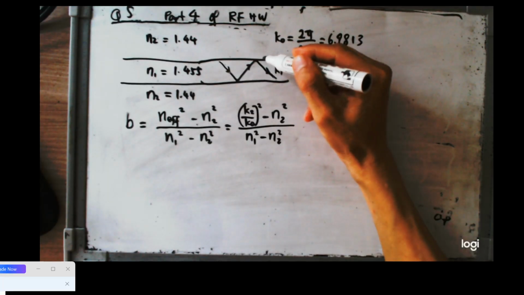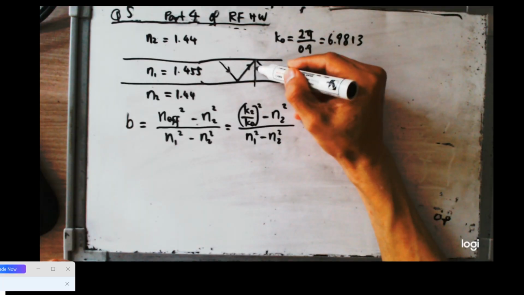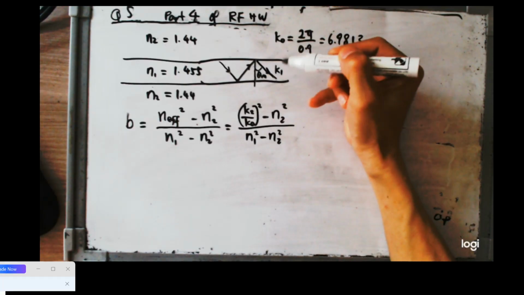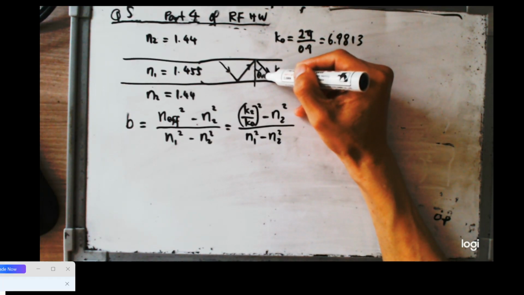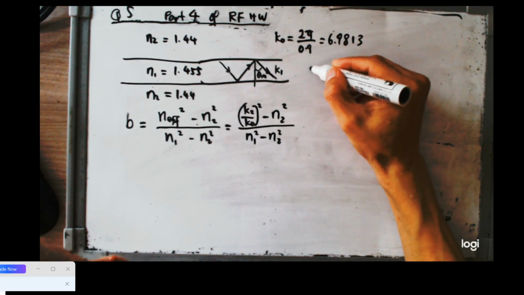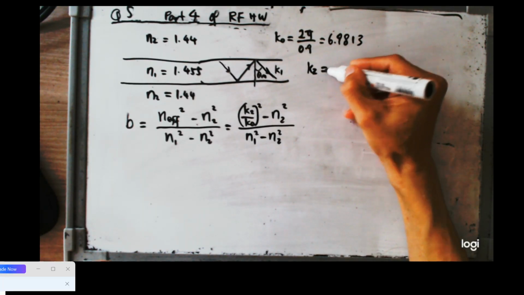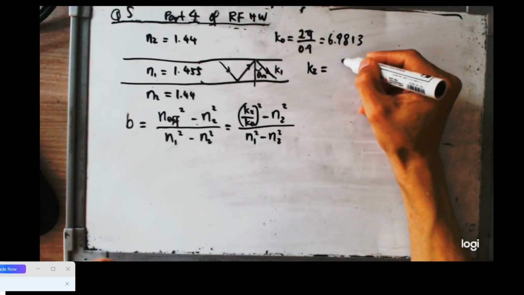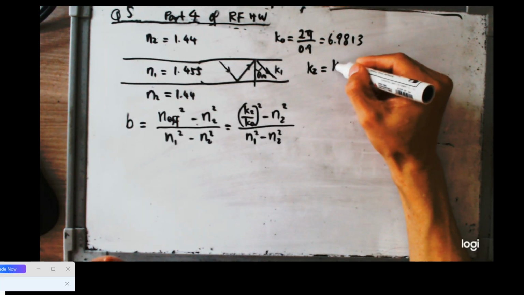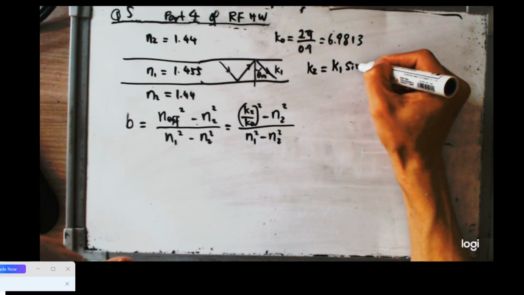So what we need to know is we use the angle of incidence to characterize the mode. So based on the information here, we know that kz is equal to k1 sine theta m.